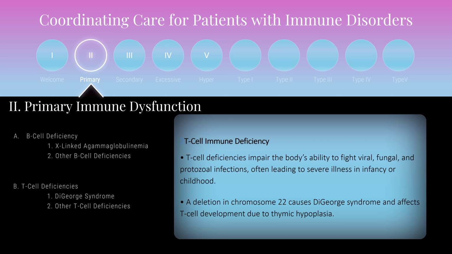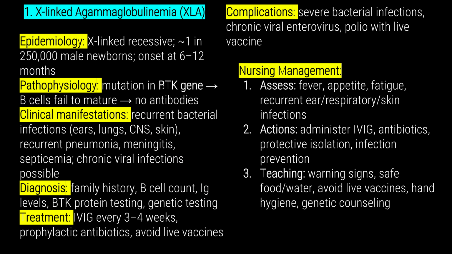So moving forward, you're going to see some slides for B cells and T cells. You see here we have the X-linked agammaglobulinemia.